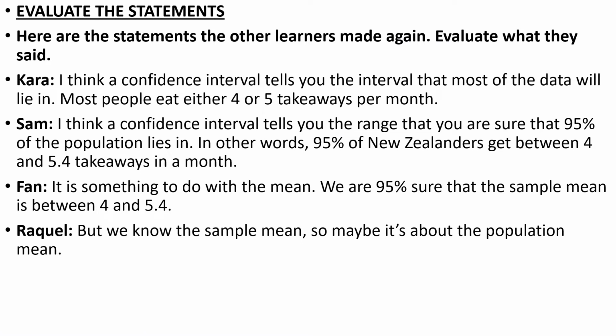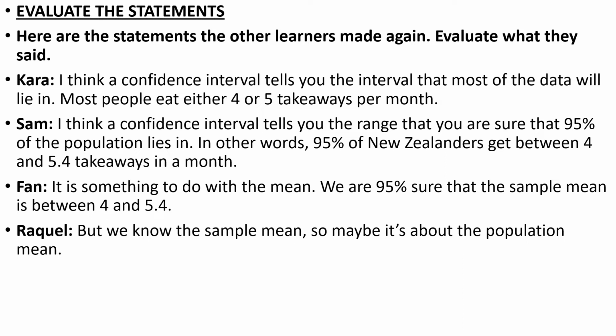Here are some statements that students made, and it's your job to evaluate the statements. You're a teacher, and you're supposed to mark their work. Kara: I think confidence intervals tell you the interval that most of the data will lie in.